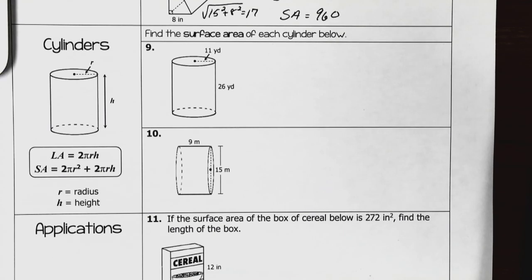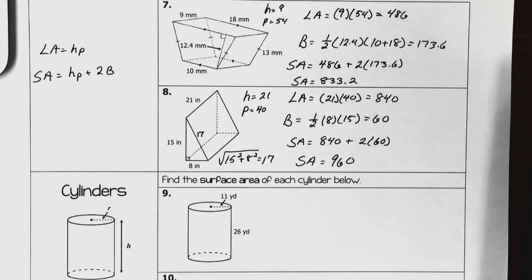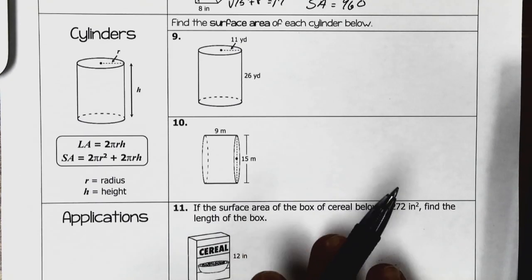All right, guys, so moving on to the next part of the notes. So on this video, we're going to be focusing on the cylinders. All right, so the cylinders are going to be a little bit easier compared to the other prisms, only because with the other prisms, like for these ones right here, you had to find the area of the bases and do all that lateral stuff. This one's pretty straightforward.